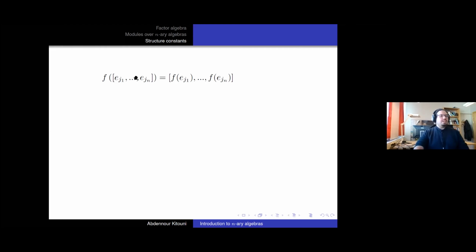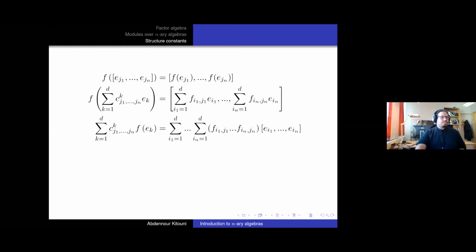So what I do here is replace this with the linear combination of basis elements with structure constants, and here with the entries of the matrix of F. What I get is F of this sum is equal to the brackets of all of these sums.